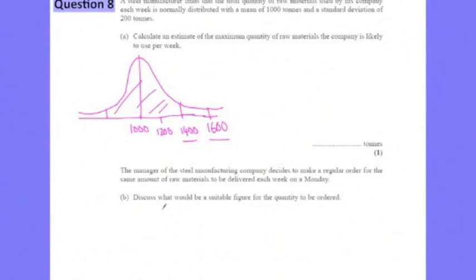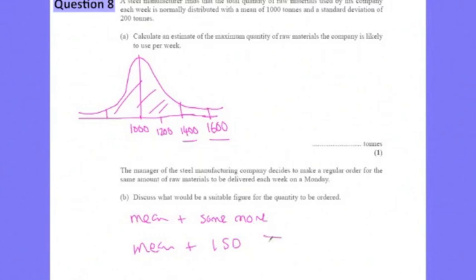So one way to plan the ordering would be to have the mean plus some more. And that should cover any extra things. We could have the mean plus one standard deviation. And that would be a bit more than the mean.